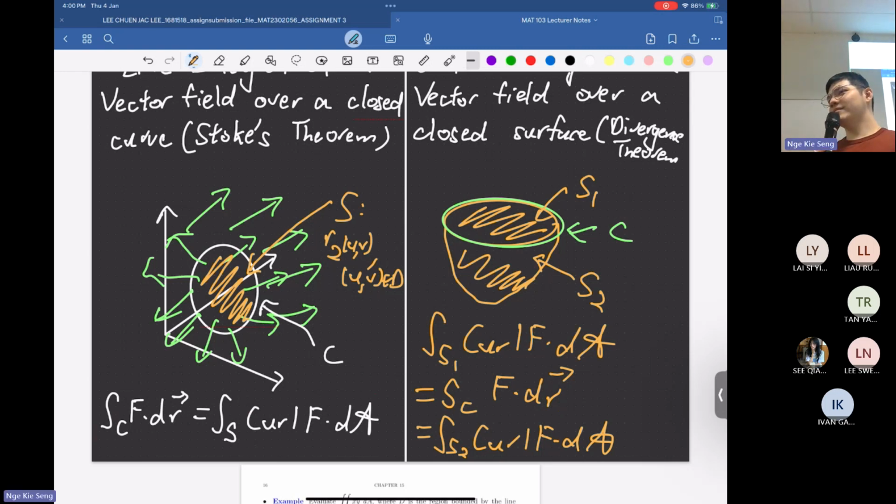How to consider the line below S1 and S2?